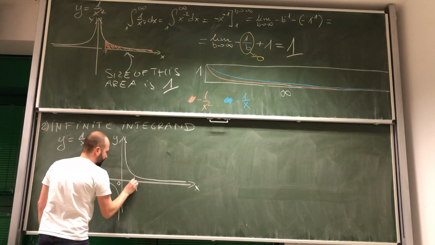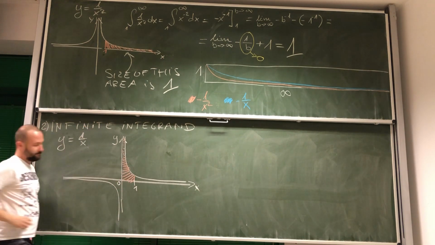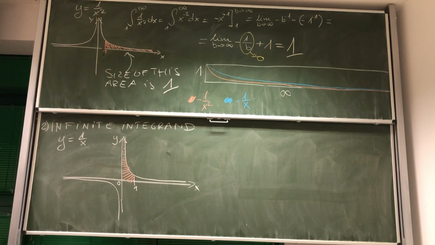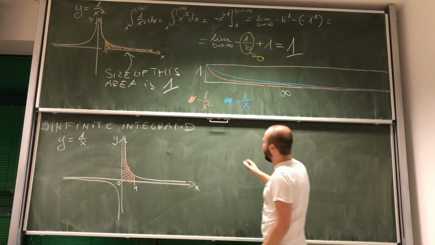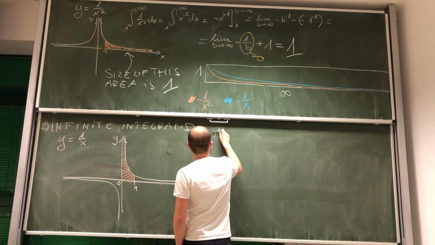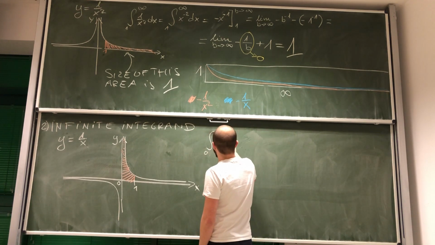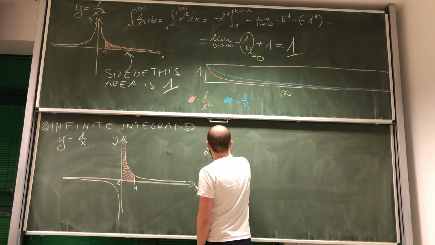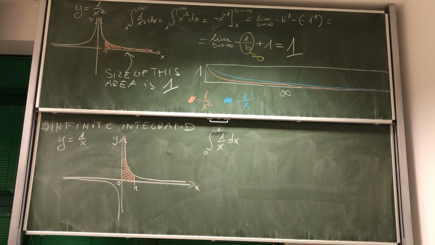So the thing would be to calculate a definite integral from 0 to 1 of 1 over x dx. At the beginning, it doesn't seem like a problem, but it is a problem.